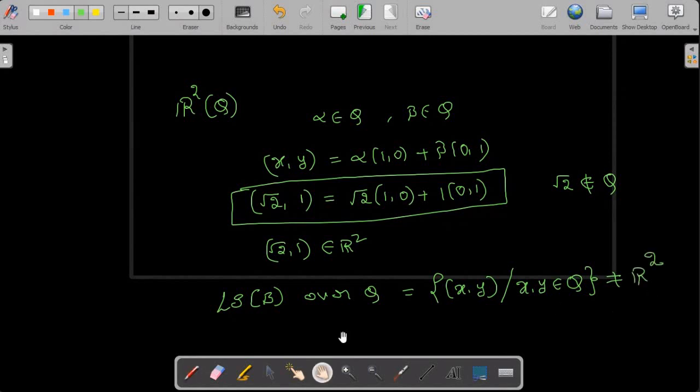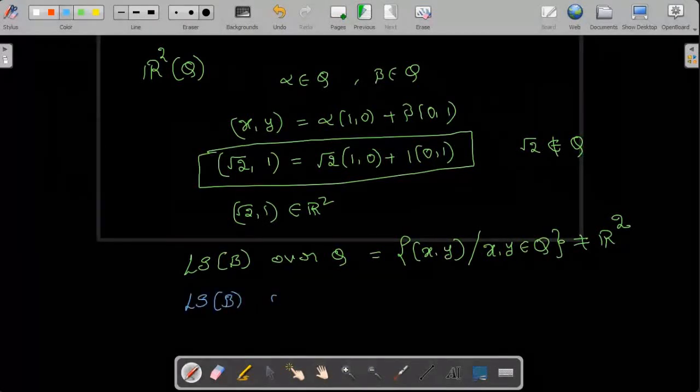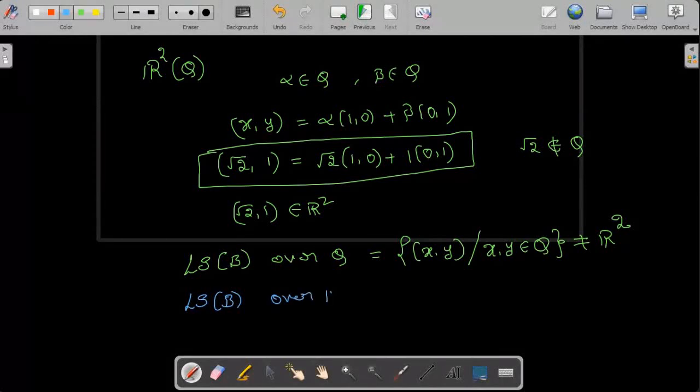It means that this set is not giving you the entire R2 over the field of rational numbers. Whereas if you look at the linear span of B over the field of real numbers, what happens here? That gives you (x, y) such that x and y belong to real numbers, which is nothing but R2.